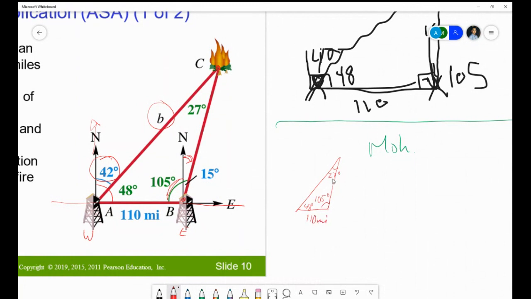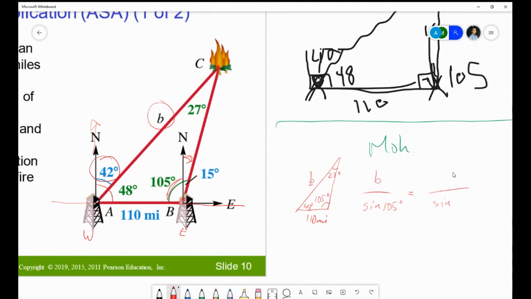So now I have a ratio of 27 degrees and 110 miles, and I want to solve for B. B is the value I want to solve for, so that goes in the numerator, divided by sine of the angle opposite from it, 105 degrees. I know this ratio, so make sure you put sine on the bottom too, so they must match.